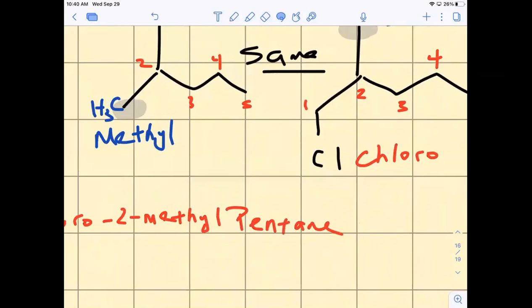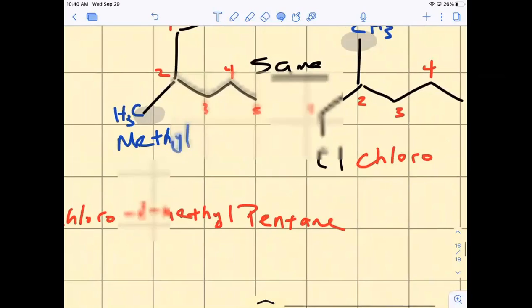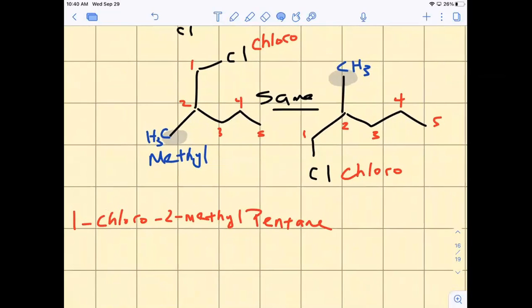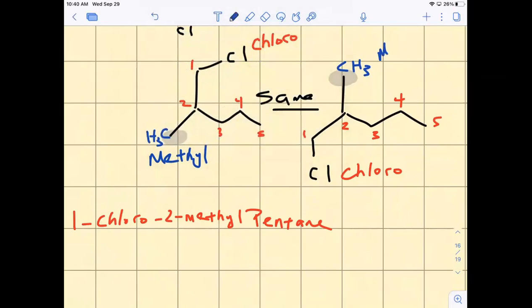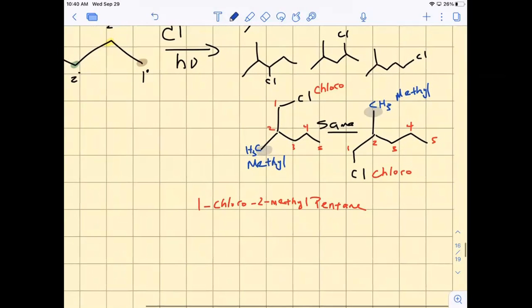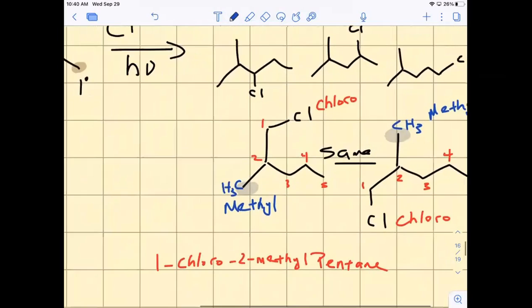Following? Anybody not see it? Do you see how they're both the same? 1 chloro, 2 methyl pentane, no matter if I put the chlorine on the top carbon or the bottom carbon. Are we following? Yes. All right, let's name the rest of them.